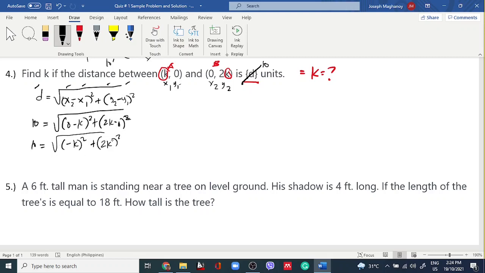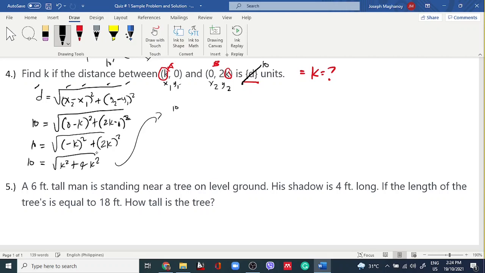So substitute the power. Square root of, the square of negative k is still k squared. And here, the square root of 2k, that is square root of 2 squared, that is 4, and k squared. So then combine like terms, then what will happen?